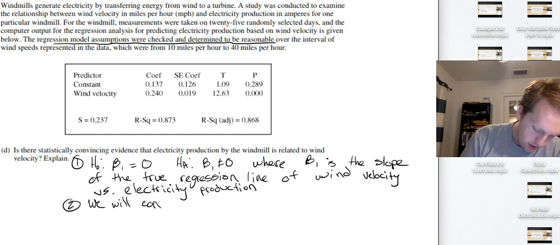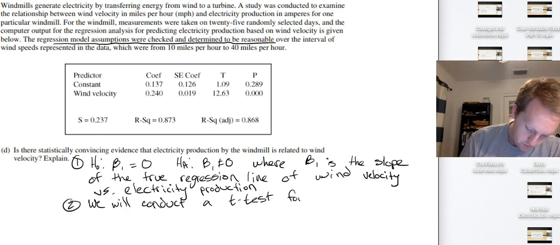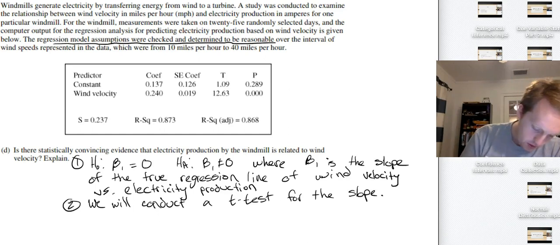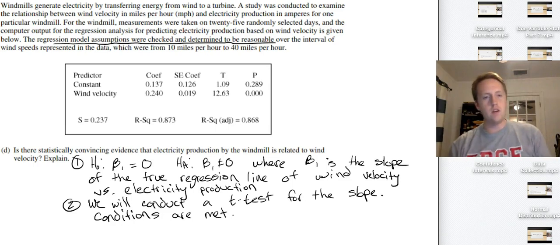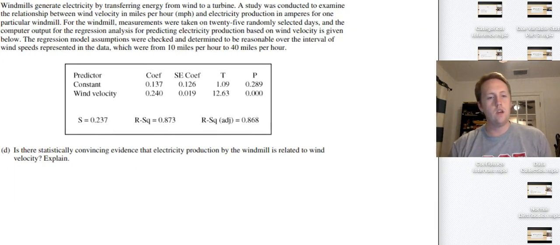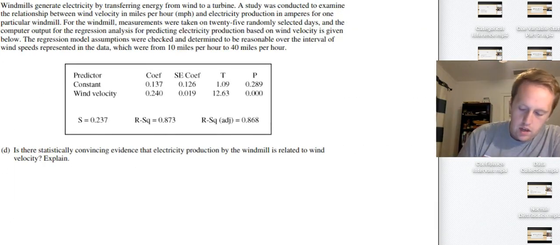We will conduct a t-test for the slope. Conditions are met because they said so. Okay, I'm going to go to a new slide. Conditions were met, so now I'm in the do step.